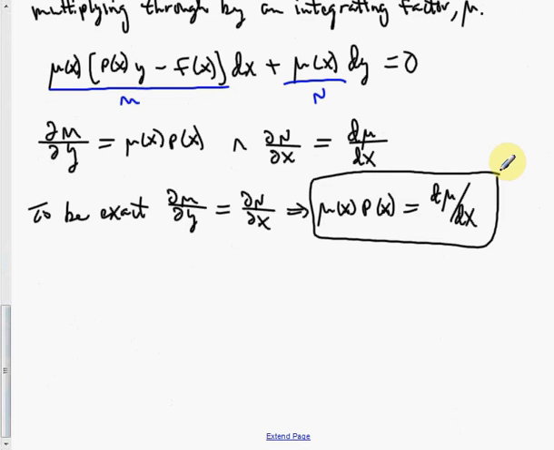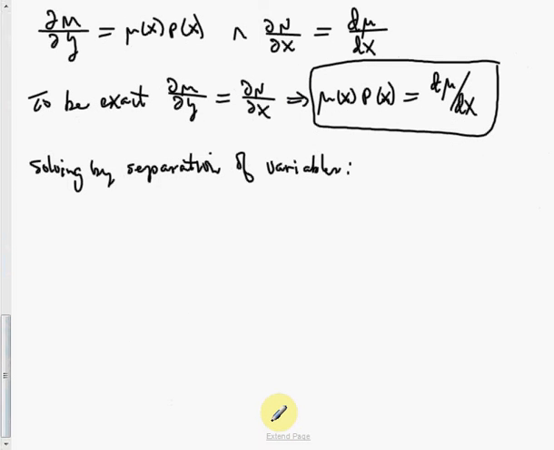So here, solving by separation of variables, we end up with, let's see, I have P of x dx is equal to 1 over mu times d mu.